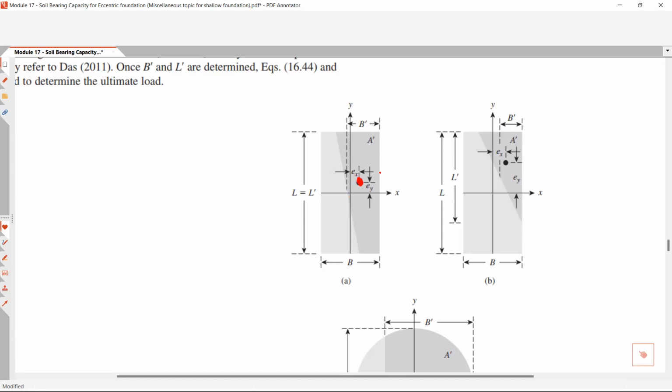Okay? Kapag nasa baba yung inyong eccentricity, nandito naman, ito naman yung papasok sa loob. Yan, ganyan. Okay? And kapag sa right, sino yung nasa right, sino yung nasa left, siya rin yung magiging value. Sino yung papasok dun sa magkakaroon ng ganitong effective area. Okay. So for EX and EY, the same naman yung pagsosolve.